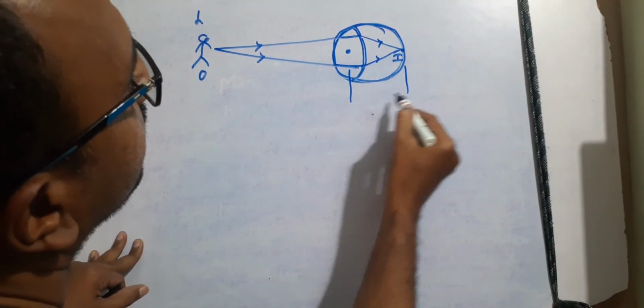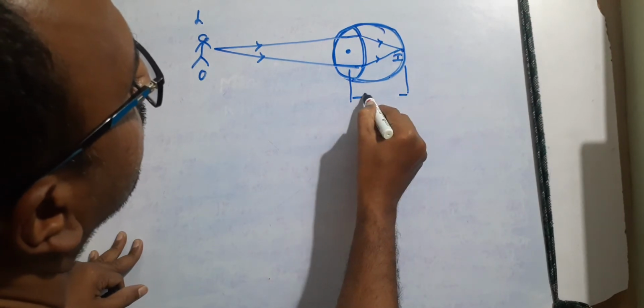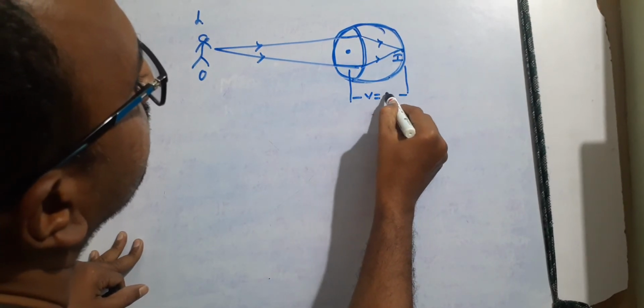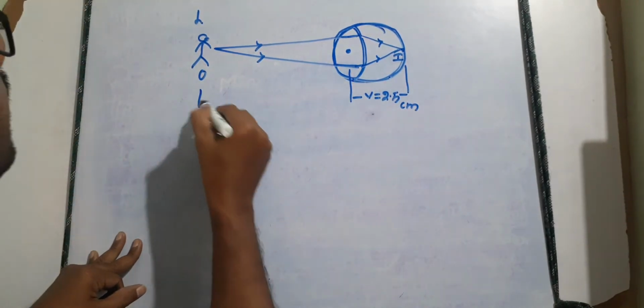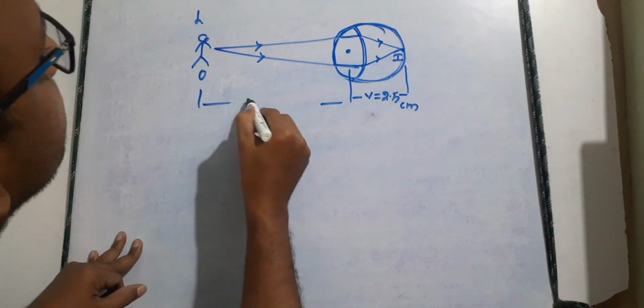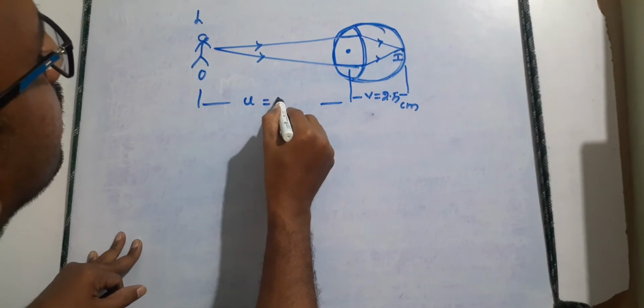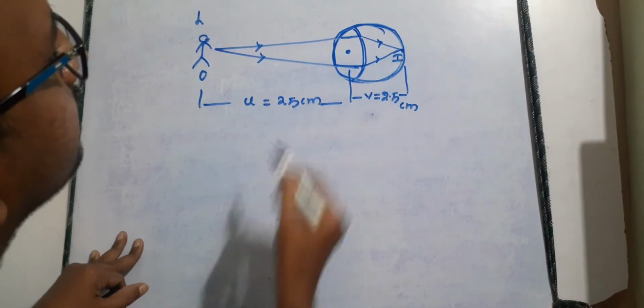From here to here it is the image distance. Image distance in the human eye is always fixed, that is 2.5 centimeter. And from here to here this is the object distance, u is 25 centimeter.